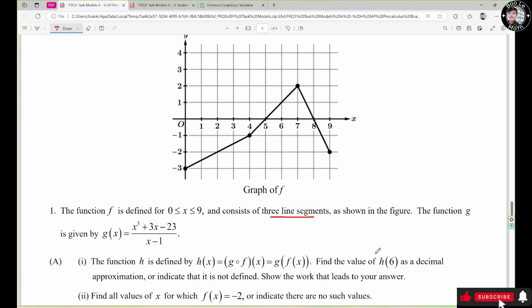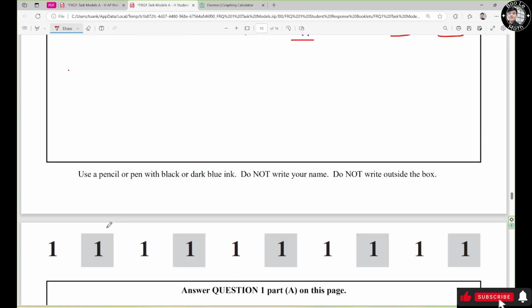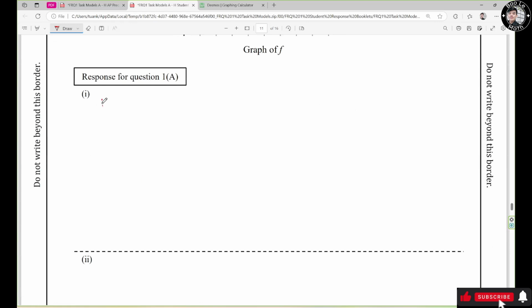Now we need to find h of 2, where h of s equals g of f of s, right? So we have h of s equals g of f of s, right? Now h of 2 equals g of f of 2, right?